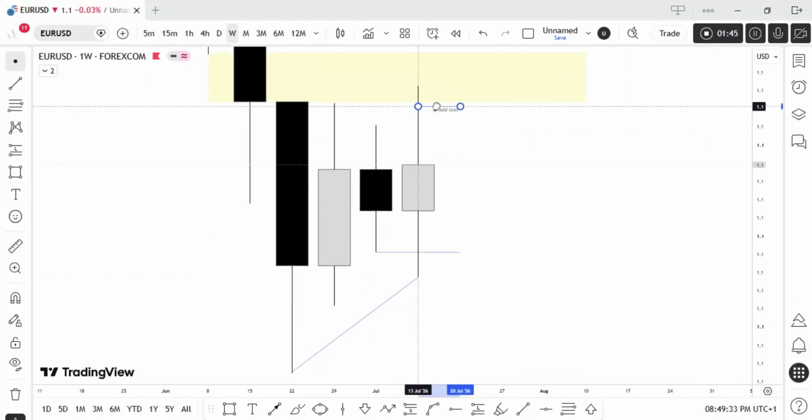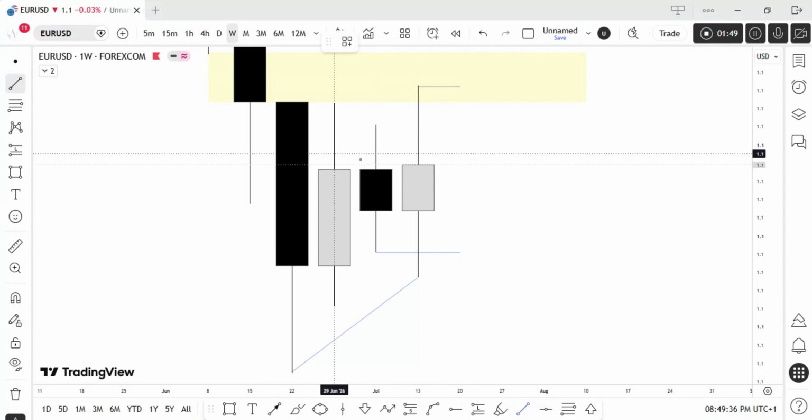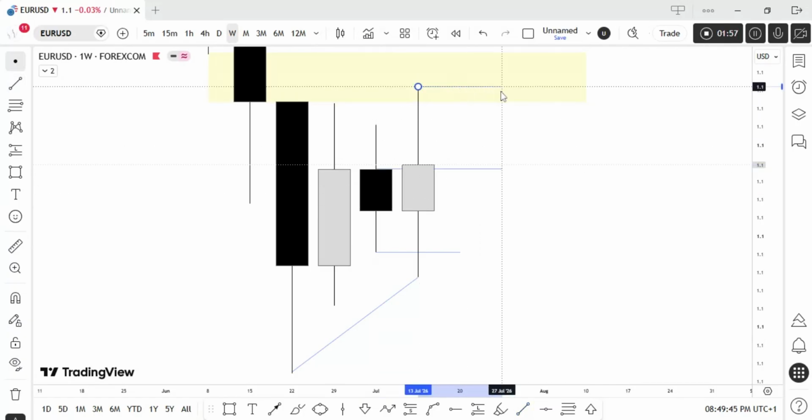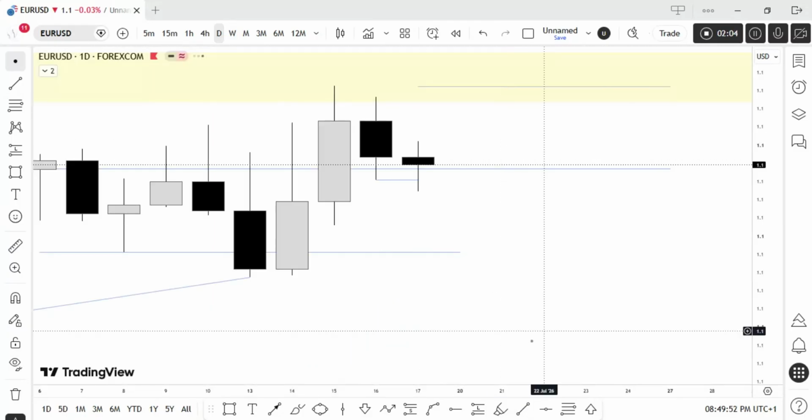Now, my bias on this weekly time frame is I'm buying from this order block towards our previous weekly candle high. So I'm possibly looking for a buy on the daily time frame.